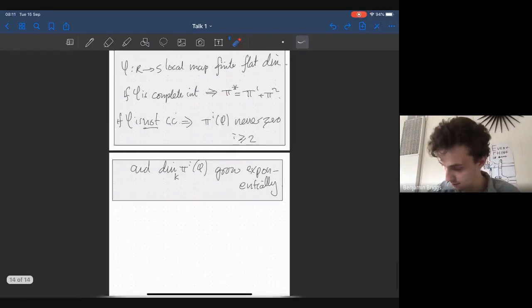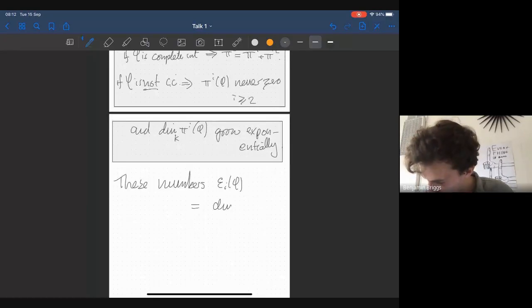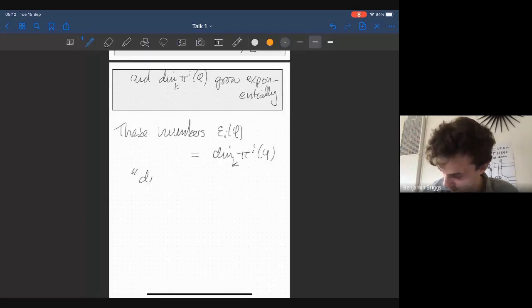Anyway, so these numbers, epsilon_i of phi, which are these dimensions, are called the deviations of phi.